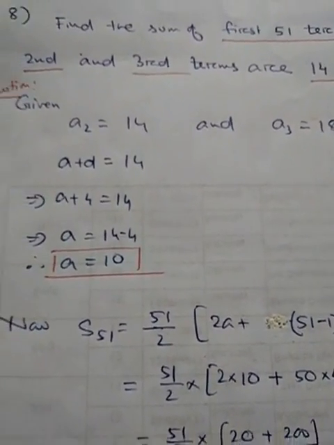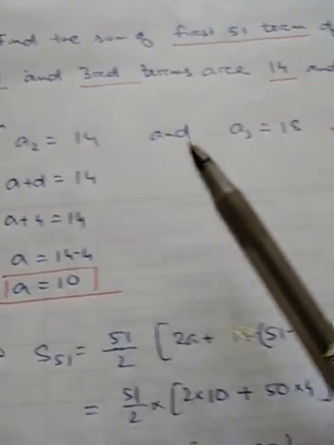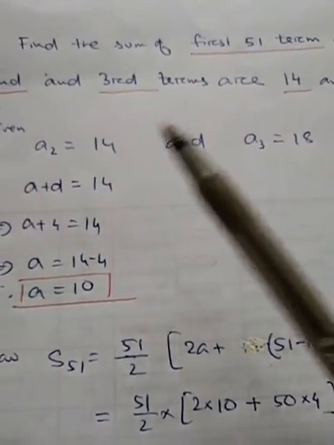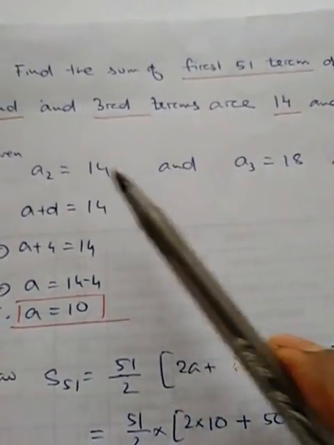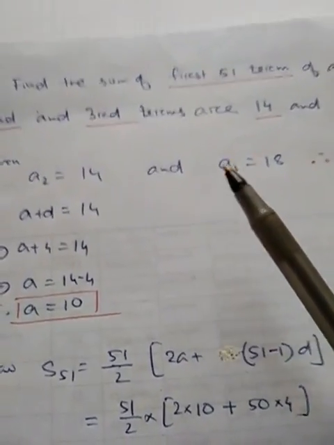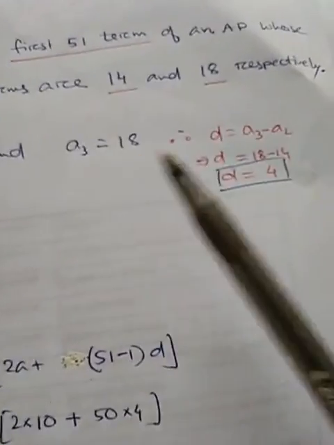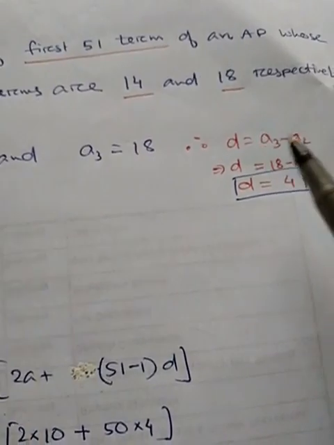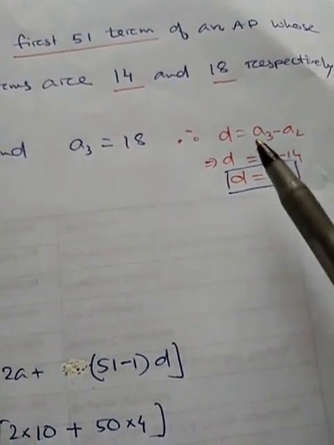Now here a2 is 14 and a3 is 18. As they are consecutive terms, that means the second term a2 and then the next a3, we can get d. d will be a3 minus a2, the third term minus the second term, which is 4.